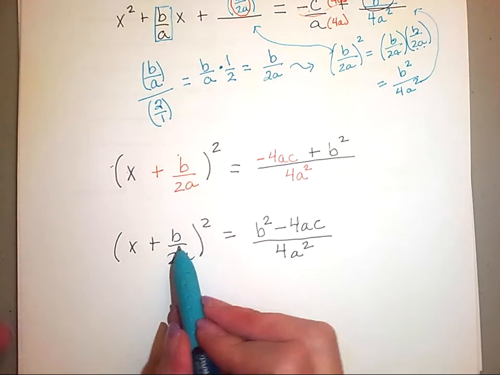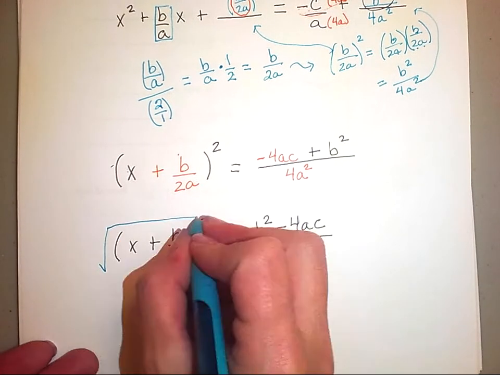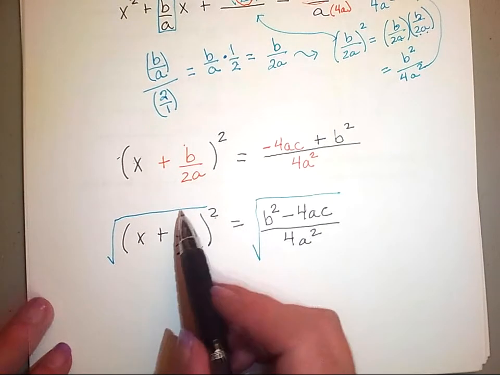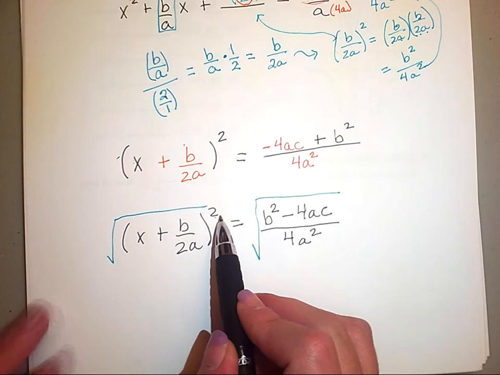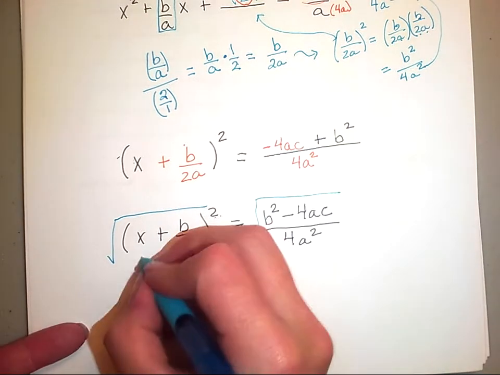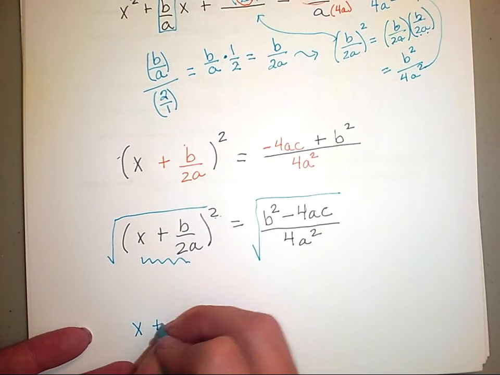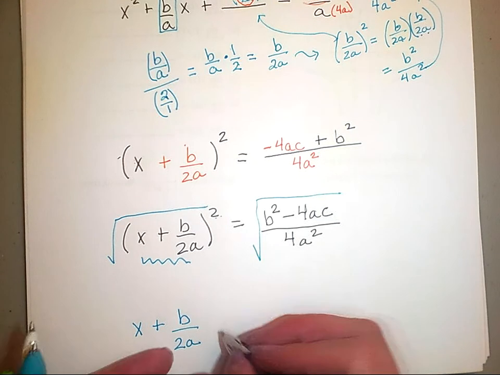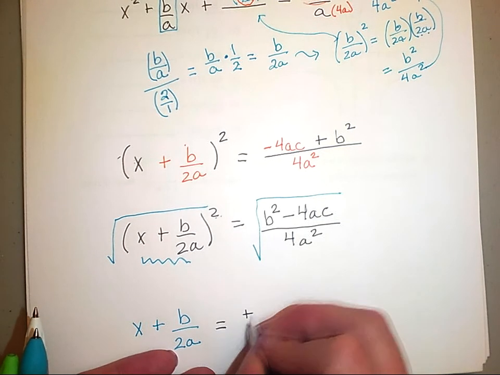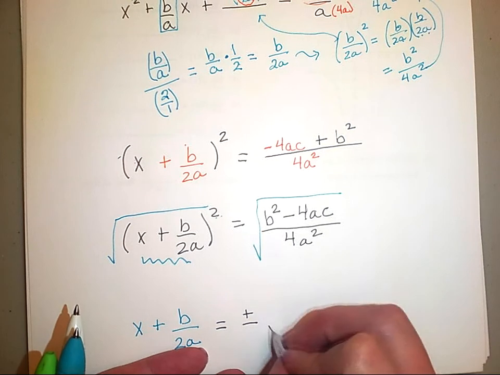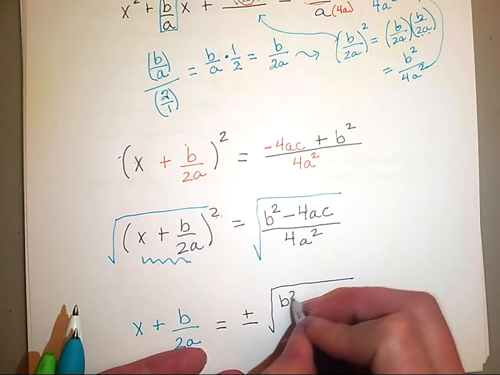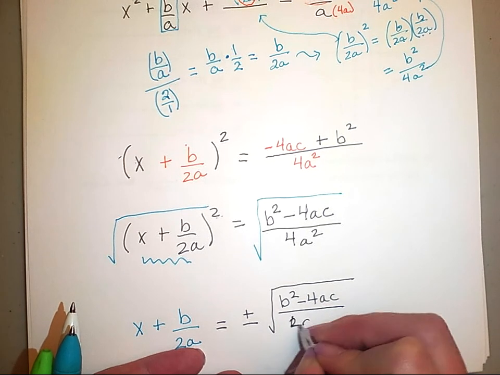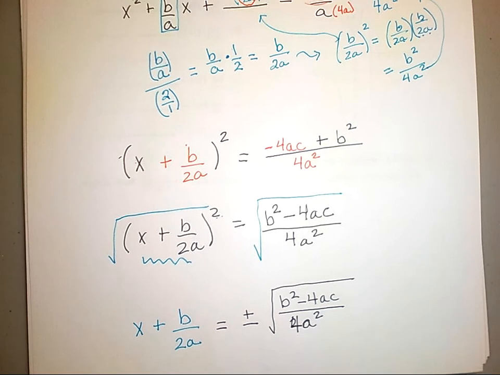Now that this quantity is squared, I can just take the square root of both sides. Then the squaring and the square root will undo each other, and I'll just be left with what's inside of here, which is x plus b over 2a, and that must be equal to plus or minus, don't forget your plus or minus, just the square root of this side, 4a squared.